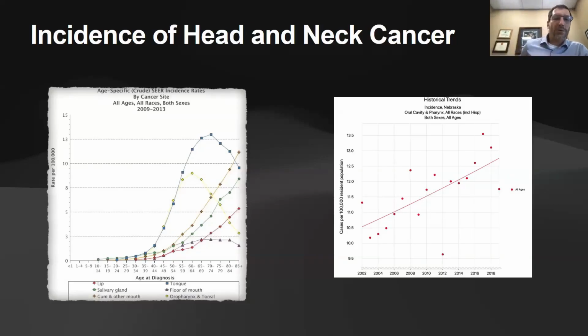And that's what we're seeing. The curve on the left shows some of the more common cancers that we have of the tongue and of the oropharynx. But by far, what we see most in our clinic now is HPV-positive cancers of the tonsil and of the base of the tongue. Next slide, please.